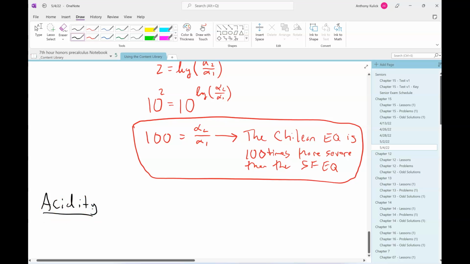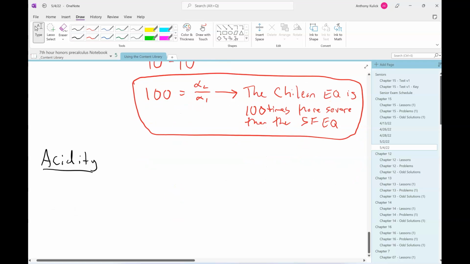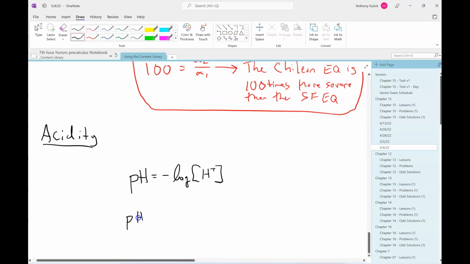Next thing we'll look at is acidity. How do we measure acidity? pH, yeah. So the equation for pH is that it's equal to the negative log of the concentration of hydrogen ions. And what's the pH scale run from? 0 to 14.